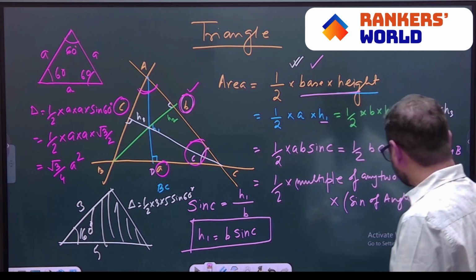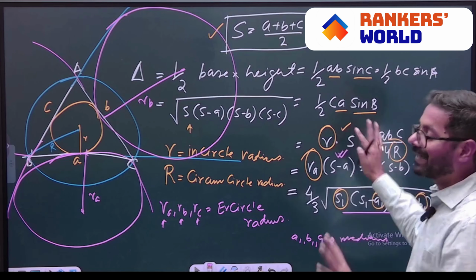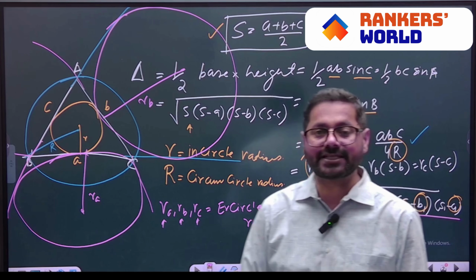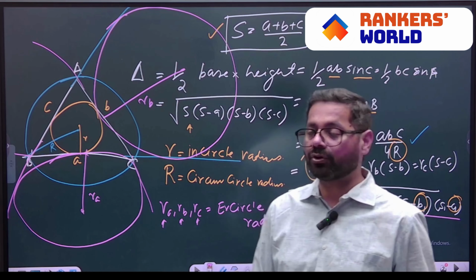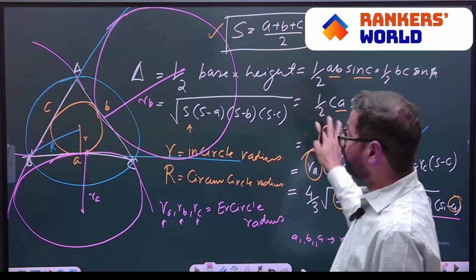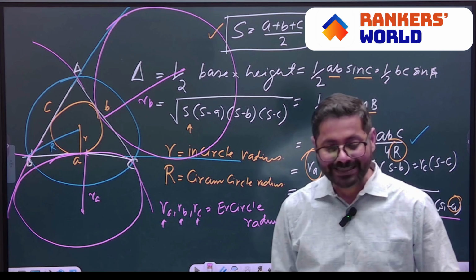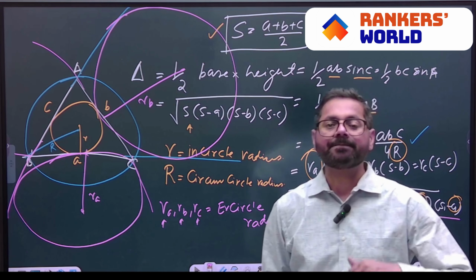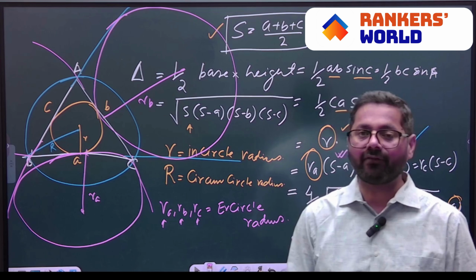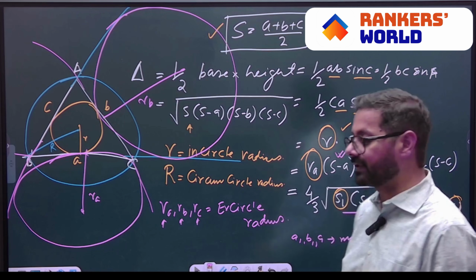Then I extended it, and we talked about how many area formulas there are. You just write it down for today. I think in the coming lectures you will have an explanation for each and everything.